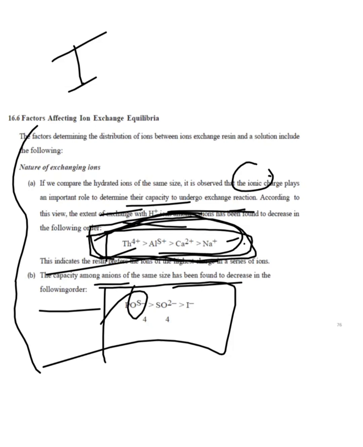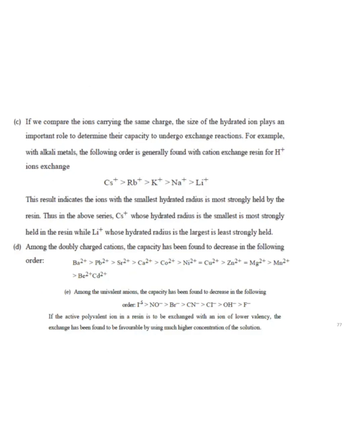Next, for the ions carrying the same charge, the size of the hydrated ions plays an important role to determine the capacity to undergo exchange reaction. Some of the ions have the same charge and the same size, so it depends on the hydration of ions. While using a mobile phase such as water, mainly in ion exchange chromatography we will be using water as the solvent.